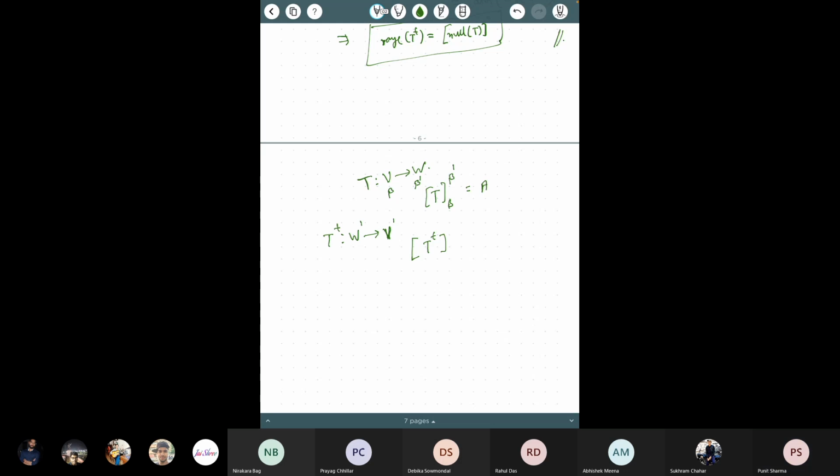If somehow I am able to find these two bases, let's say B tilde and B tilde dash, one for W dash, one for V dash, then I can talk about its matrix representation with respect to these. Then what can I expect? Can you guess something about this matrix representation?